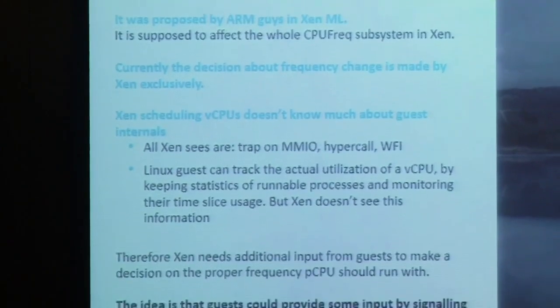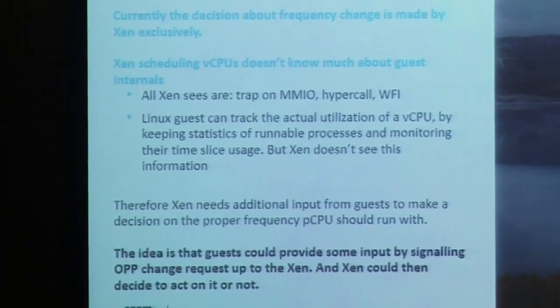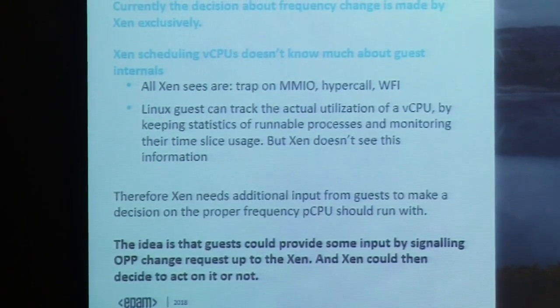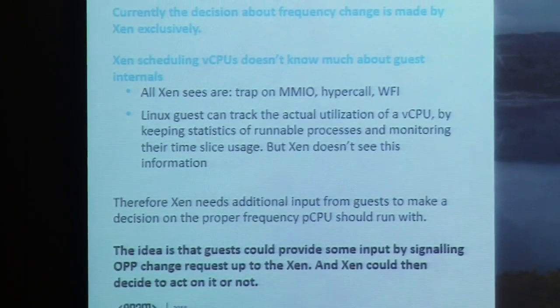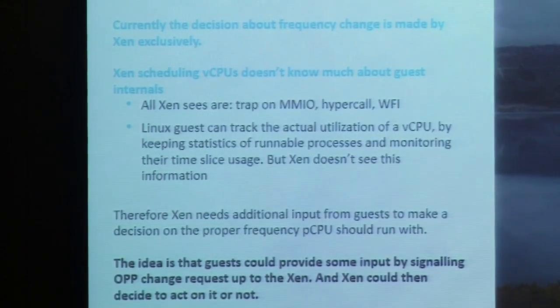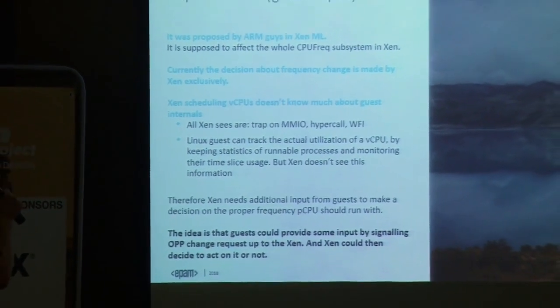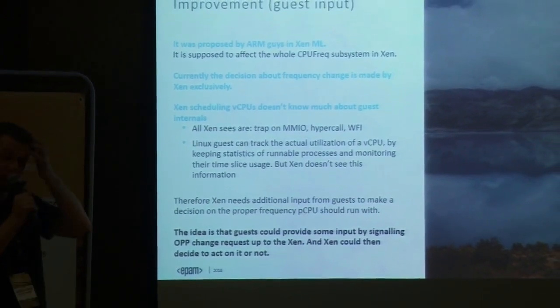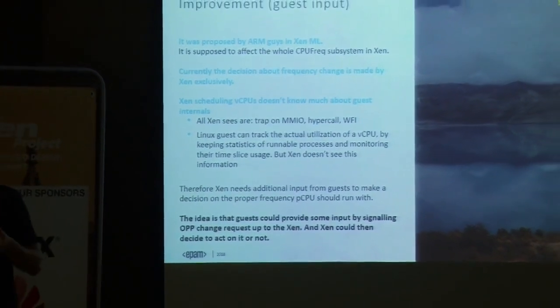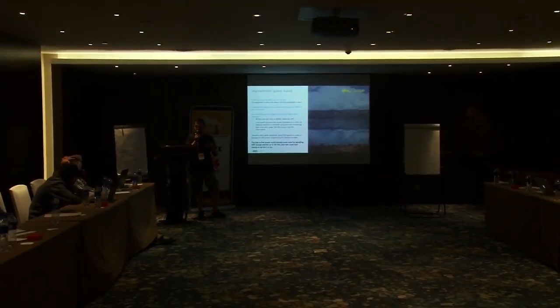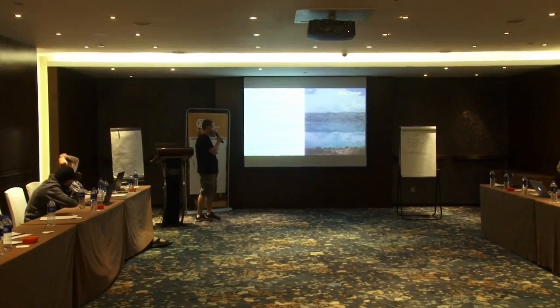All Xen sees is wait for interrupts, traps, hypercalls, but the guest can track the actual utilization of the CPU, and Xen doesn't see such granular information. Therefore, Xen needs additional input from the guest to make a proper decision on the frequencies the CPU should run with.